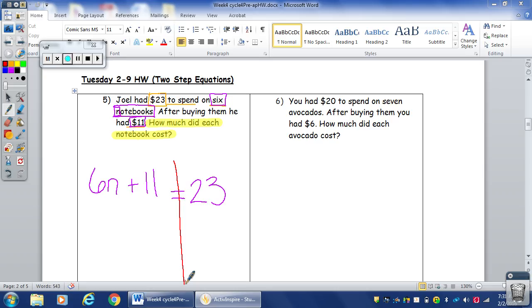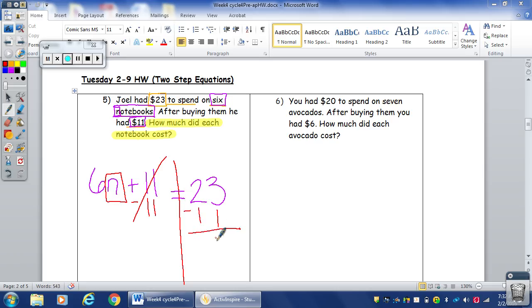So normally if we were solving this, we would multiply first. But since we're working backwards, we're going to subtract first. So the only way I'm going to get rid of this 11 to isolate the variable, which means get n all by itself, is I need to subtract 11 from both sides.